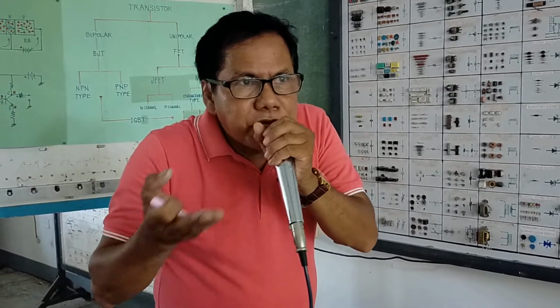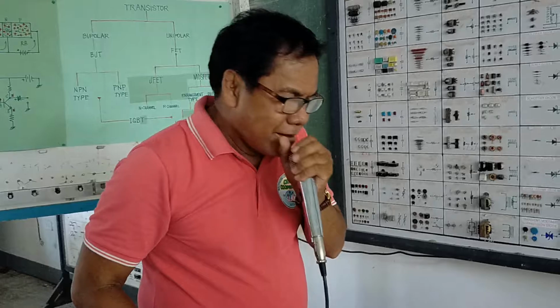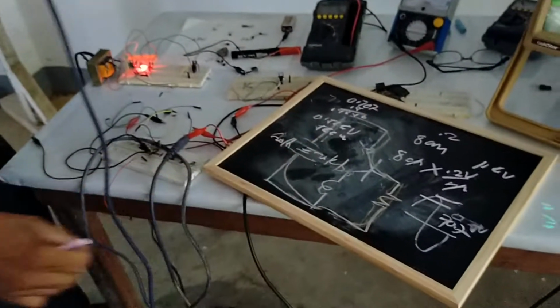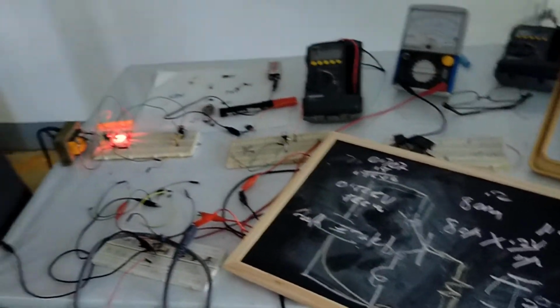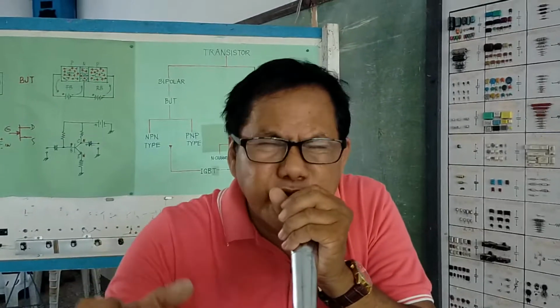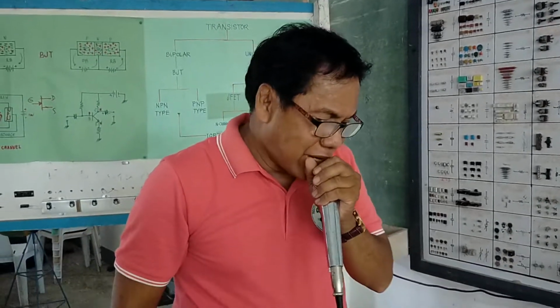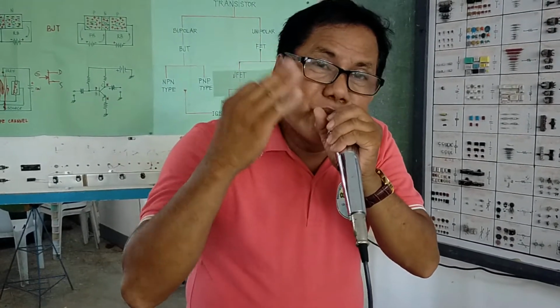We call those frequencies infrasonic. Infra means below, sonic, sound below the audible range. But above 20 kilohertz is no longer heard by the human ears, and we call it ultrasonic. Ultrasonic, above the audible range.